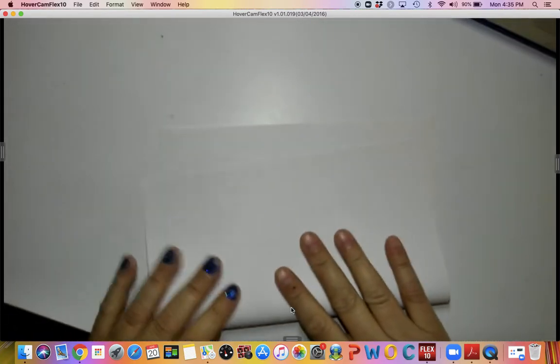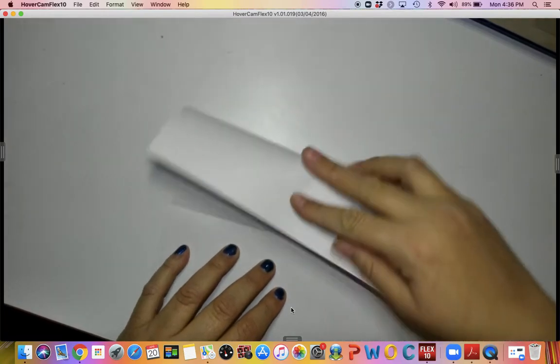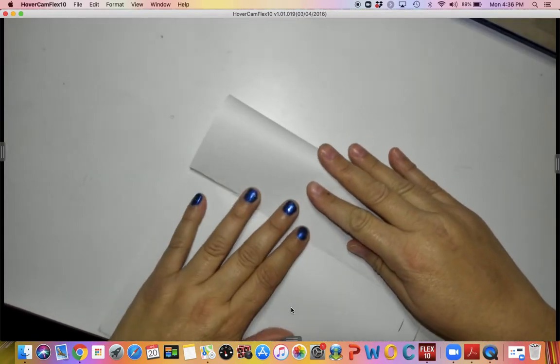I just fold it in half, hamburger style, not lengthwise. Okay. Now what I'm going to do is take that fold and fold this top part down to touch the middle fold that I just made.